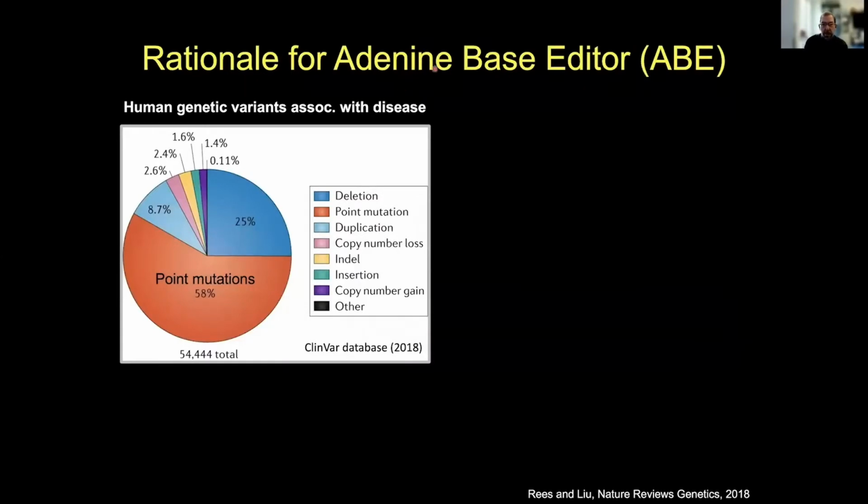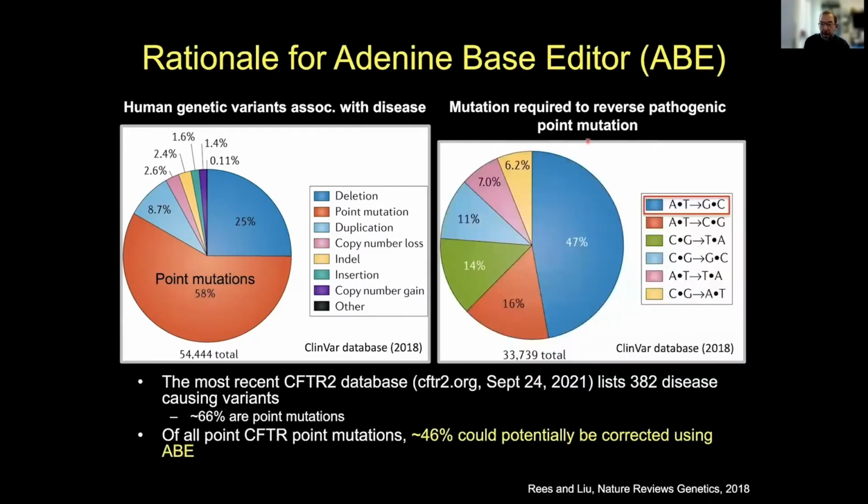So what is the rationale for adenine base editors? If we look at all human genetic variants associated with disease, about 60% of these are point mutations. And of these point mutations, almost half of them could be corrected if we used an editor that converted AT base pairs to GC base pairs.